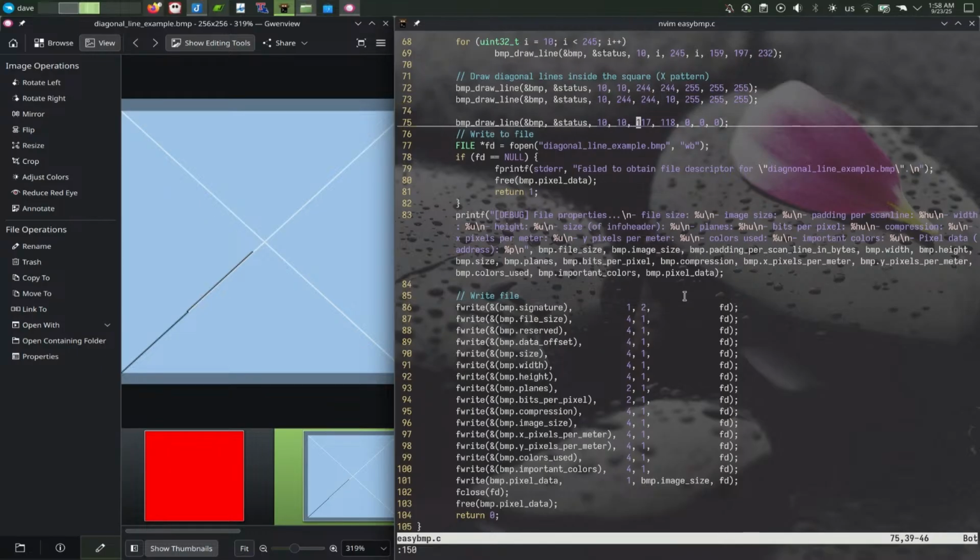We'll go from 10-10, and 118 wasn't high enough. Looks like we need to go up about 5 more, like 123. But let's just have it go all the way to the top. Let's have something kind of weird going on there.